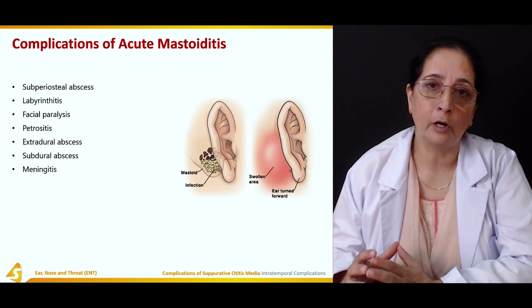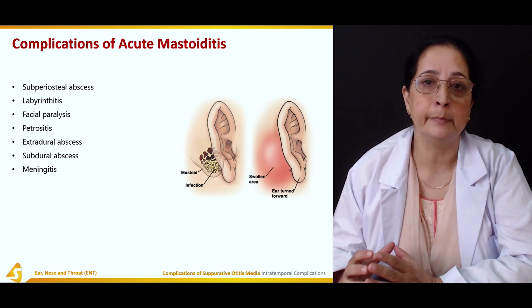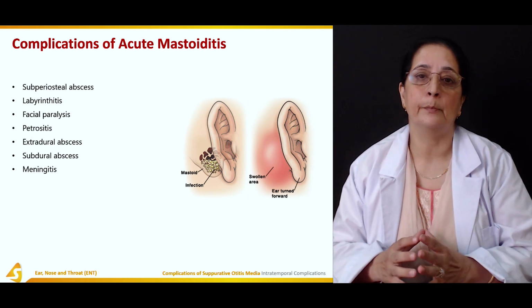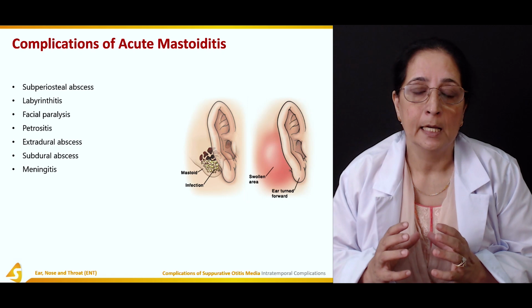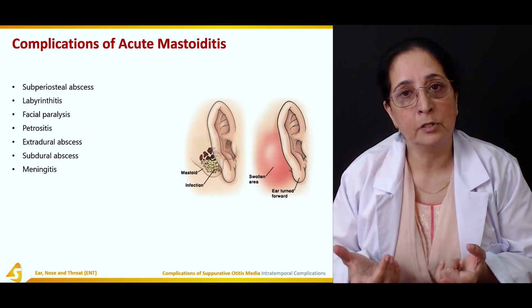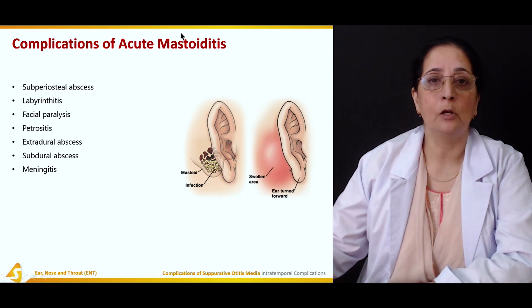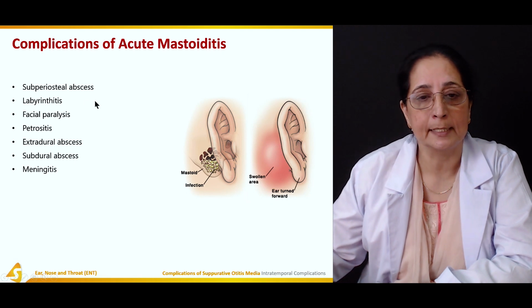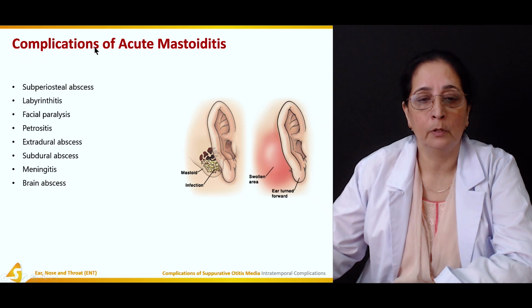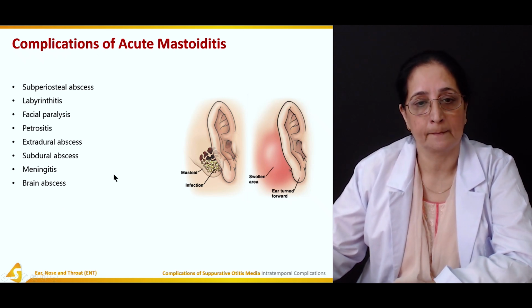Remember, we are talking about the complications of suppurative otitis media when it is intratemporal. The first one is acute mastoiditis, and these are the complications of mastoiditis. Brain abscess also can occur as a result of acute mastoiditis.